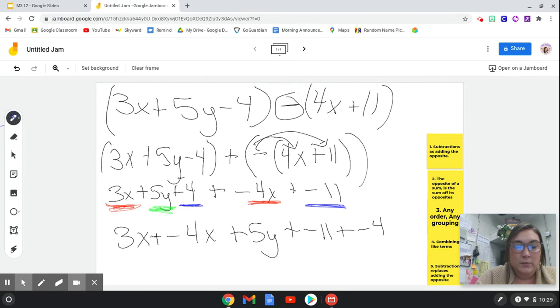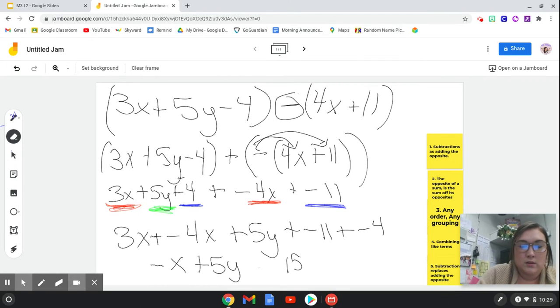So 3x plus negative 4x, that's going to leave me with a negative x plus 5y, and I have a plus negative 15, and I could now subtraction replace adding the opposite, so I could just change this in here to a subtract 15.